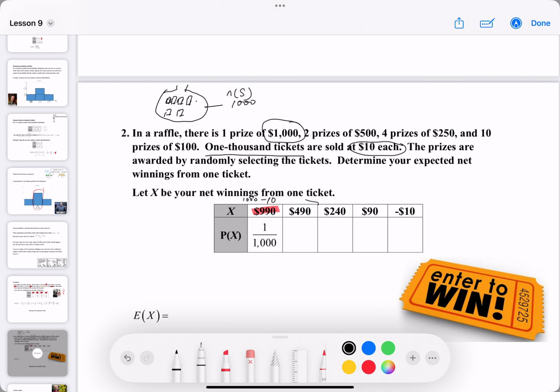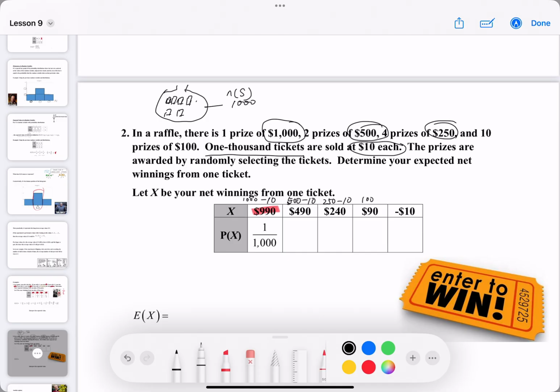And if I can win $500, I still need to pay $10. So this $490 is coming from 500, the second biggest prize, minus 10. And the $240 is coming from the 250 minus one ticket's price.